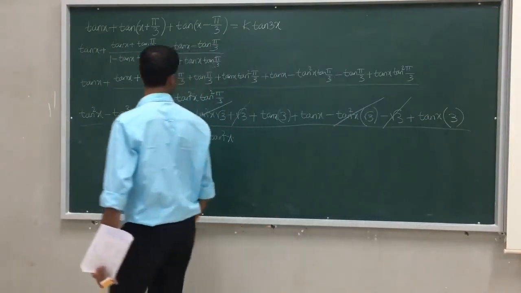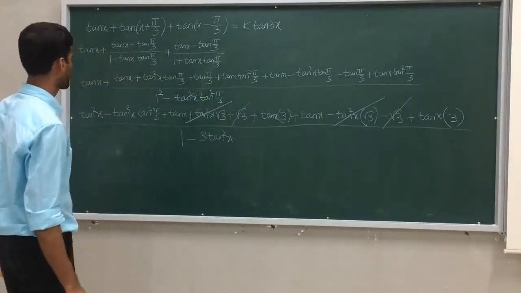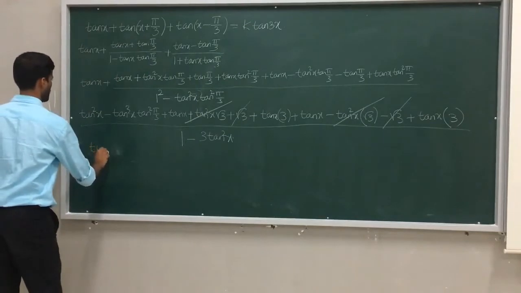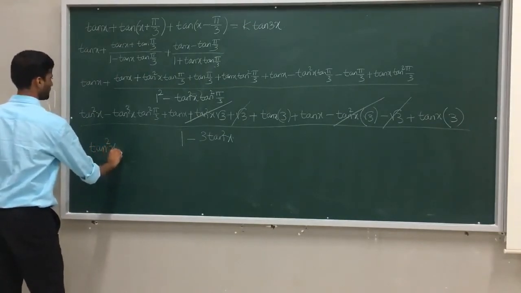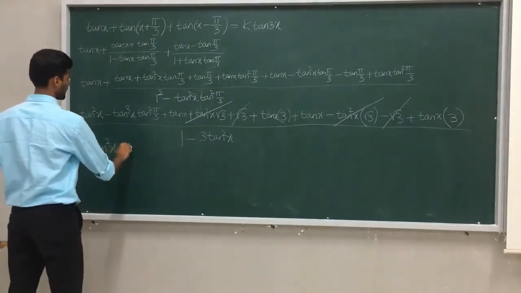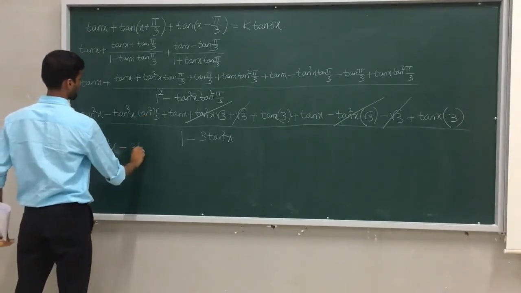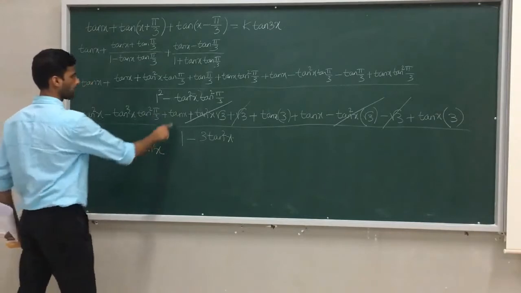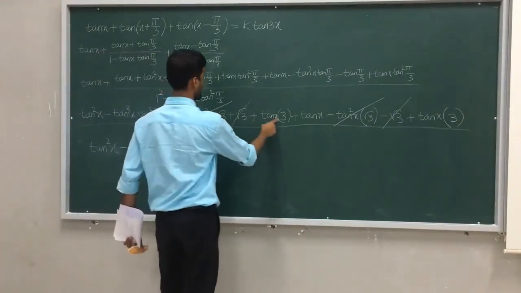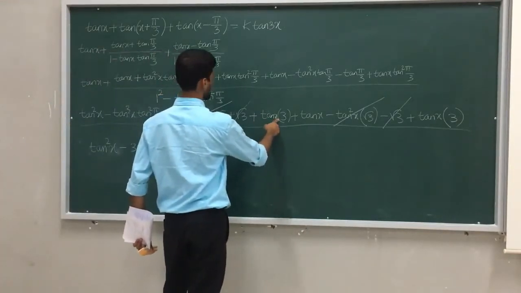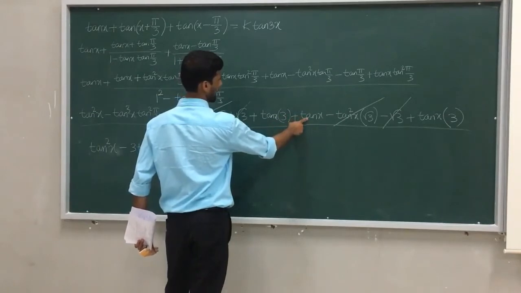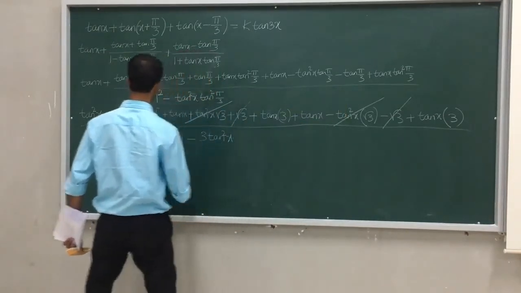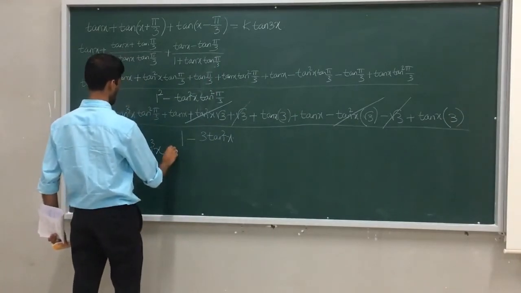I guess no other term will cancel. 3 tan x, 3 tan x. So also right now tan square x, okay, minus tan square pi by 3 is 3 times tan cube x. Okay, then tan x plus 3 tan x, 4 tan x, 4 tan x plus tan x, 5 tan x, 5 tan x plus 3, that is 8 tan x. Okay, 8 tan x.